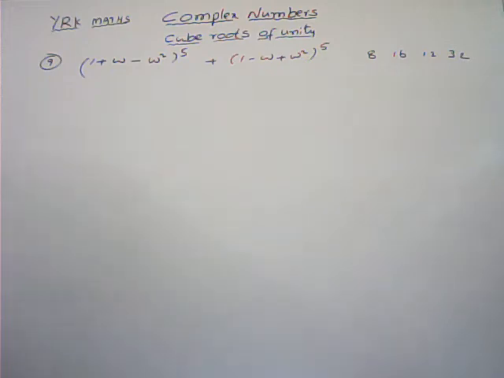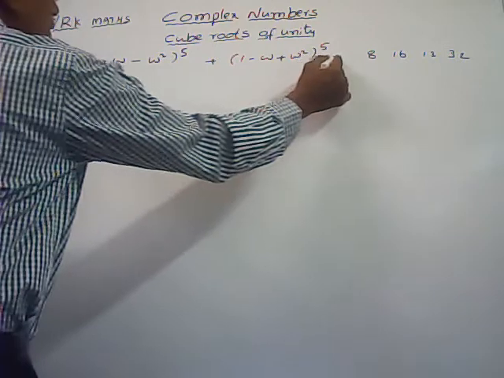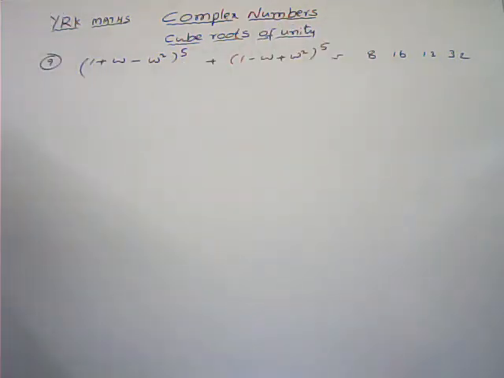Next, 1 plus omega minus omega square whole power 5 plus 1 minus omega plus omega square whole power 5, that value we want. Here those are the options 8, 16, 12, 32.